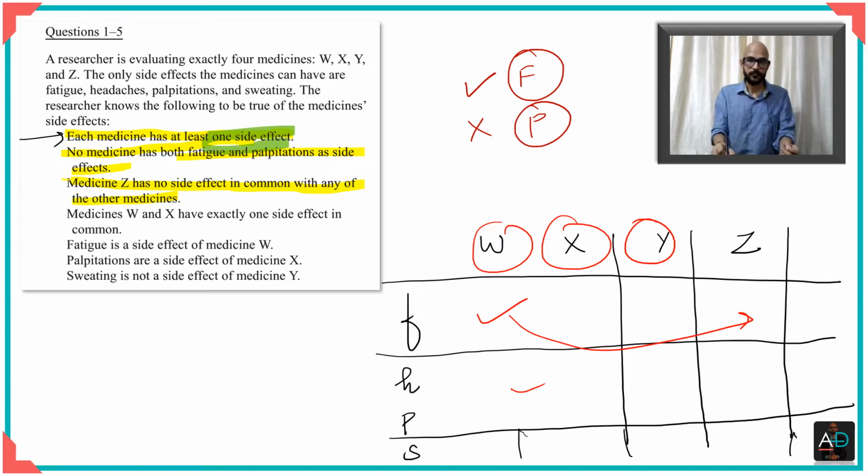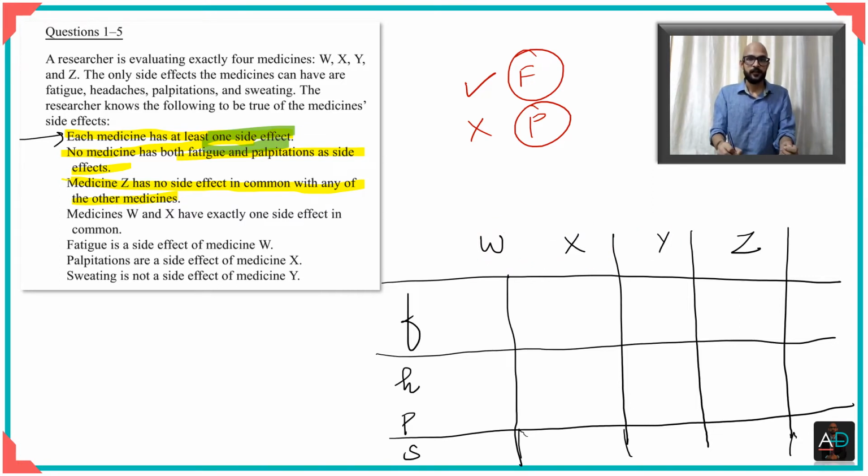Okay, now let's go ahead and see what the next rule has to say. Let's just draw back the erased line. The next rule says that the medicines W and X have exactly one side effect in common, which means that there will be one of these side effects, either fatigue or headache or palpitations or this thing, which will be available on both.